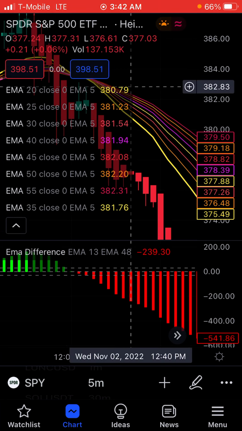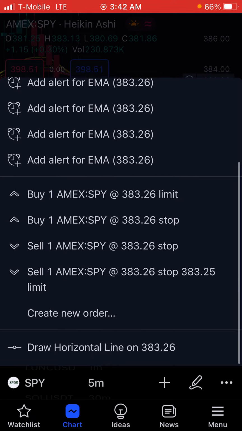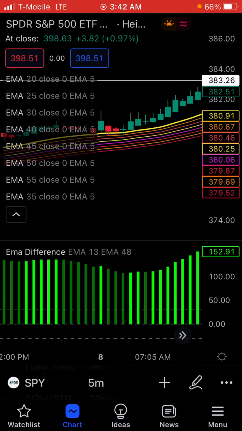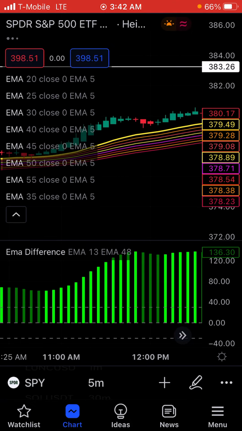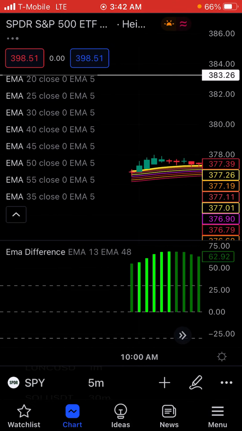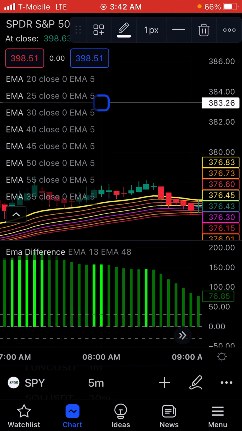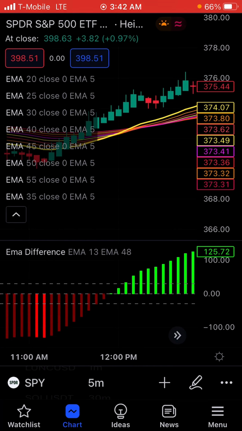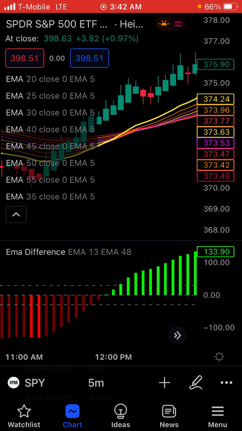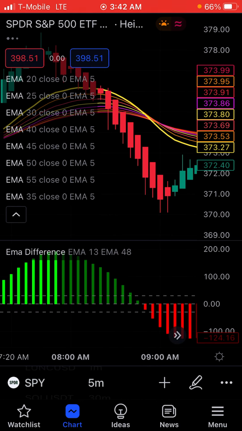Just draw a horizontal line right here to get a good idea. Oh crap, where'd it go? I lost it. Oh well. Anyway, you guys get the general idea.